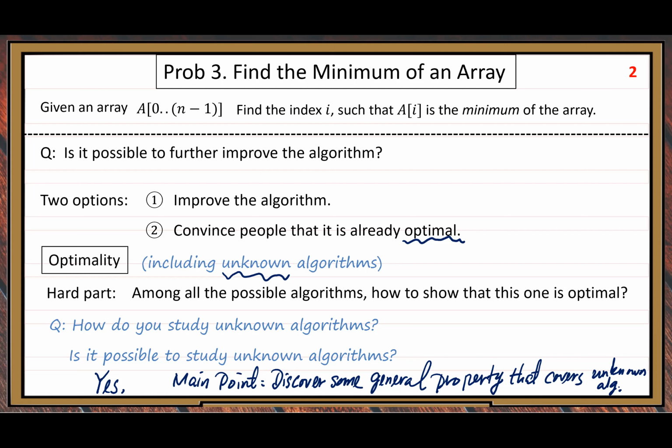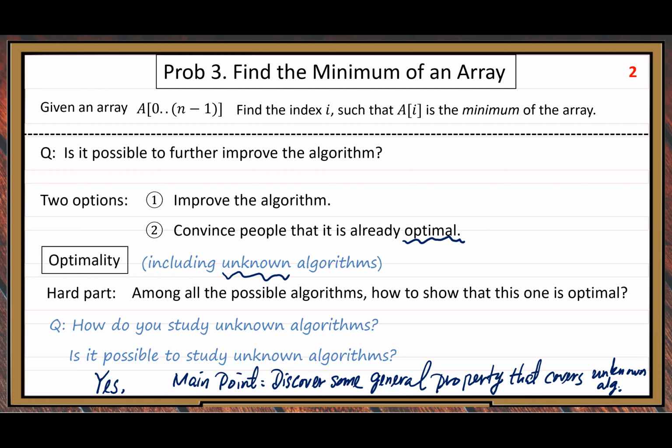How about that? Discover some general property. That property can cover unknown algorithms. If you can do that, then you can study and you can make your conclusion.